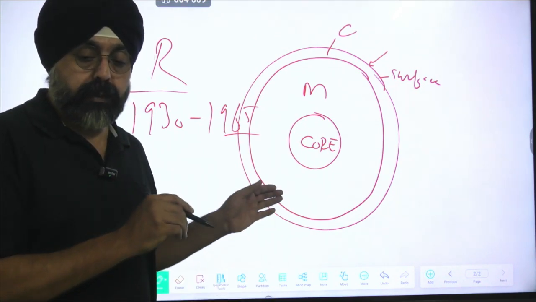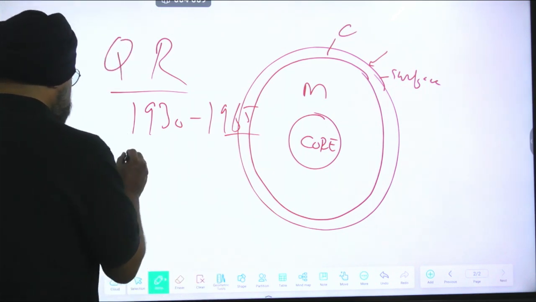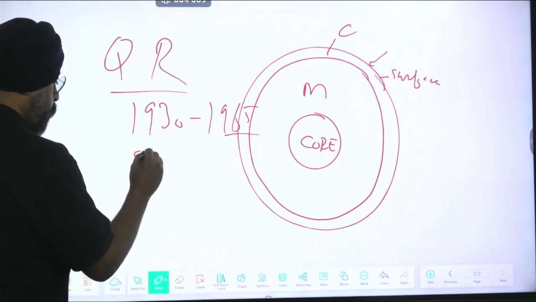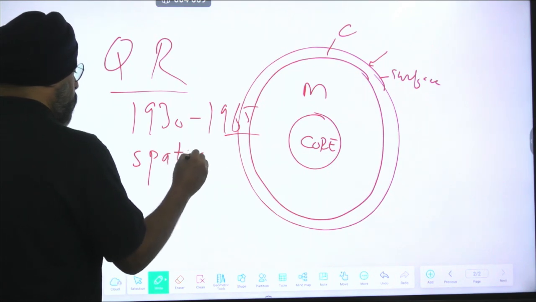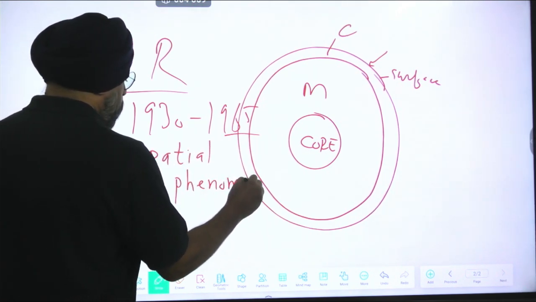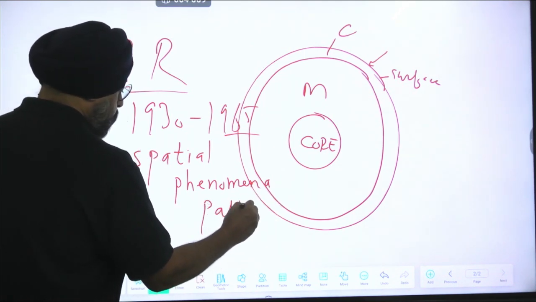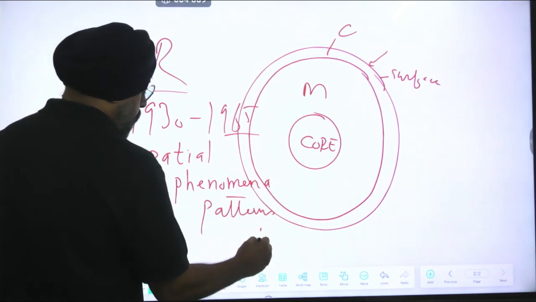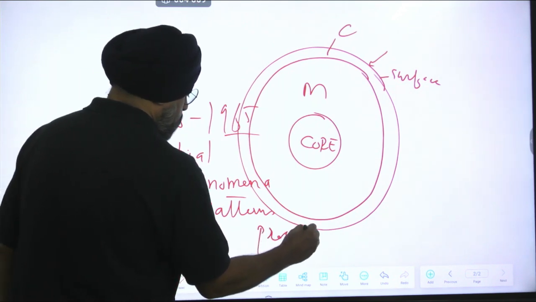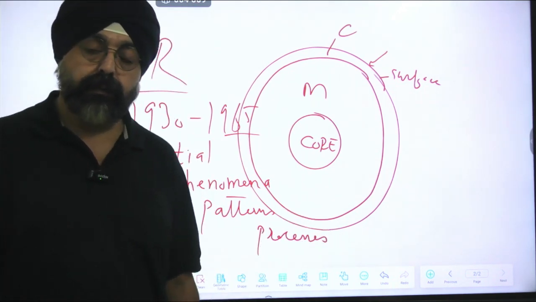See how the concept had changed. Organization of spatial phenomena, expressed as patterns and processes. All the processes that are responsible for the development of the patterns.